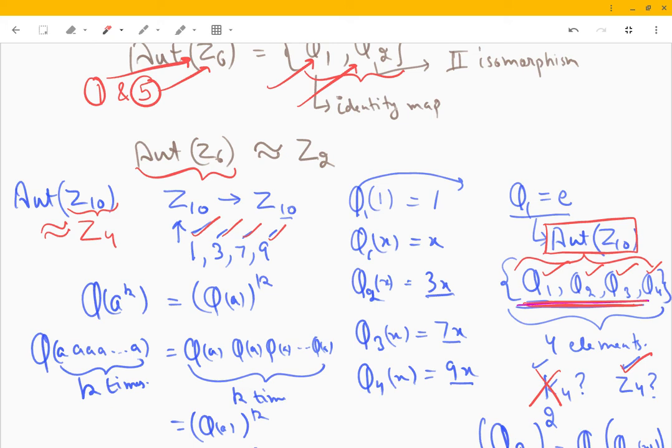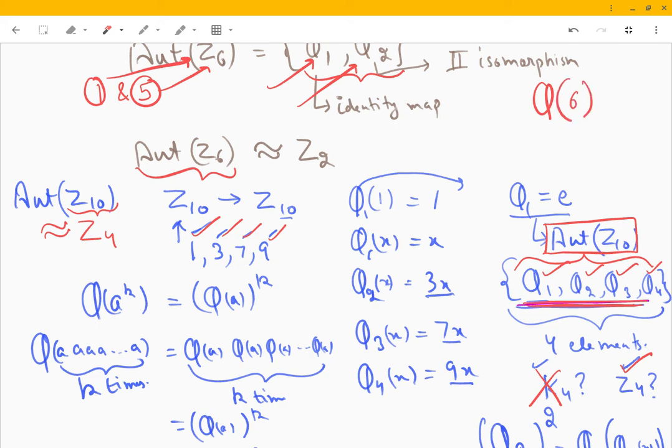So the generators give us the elements of the automorphism group, Aut Z10. Okay. What does this mean? How do we find the generators? By using the Euler phi function, right?